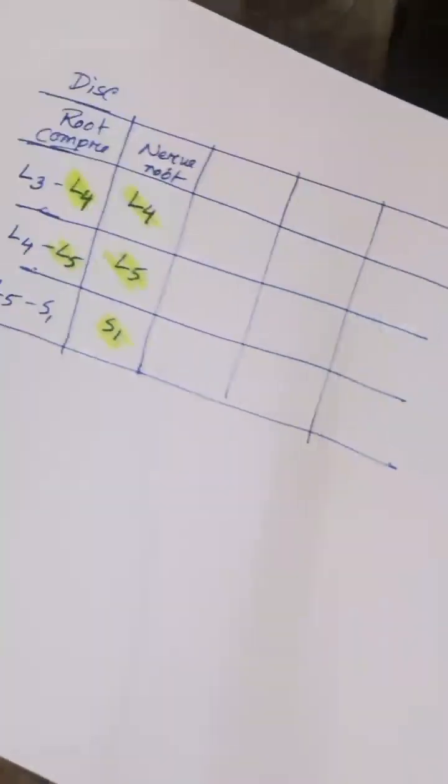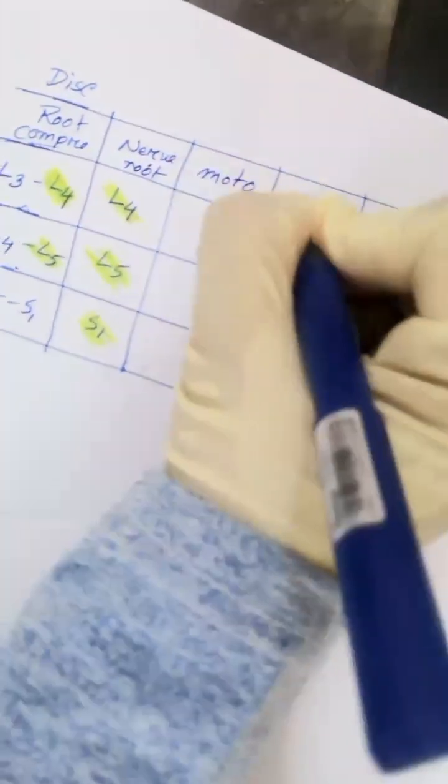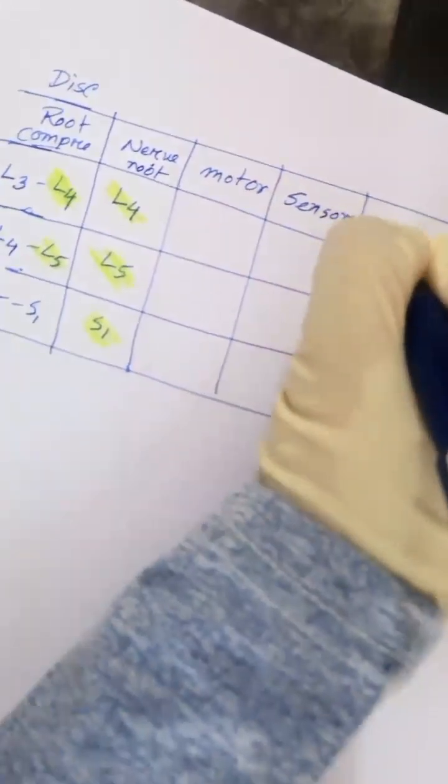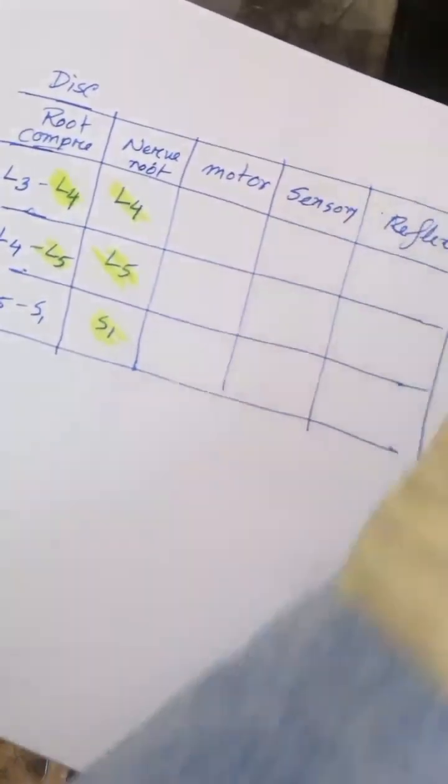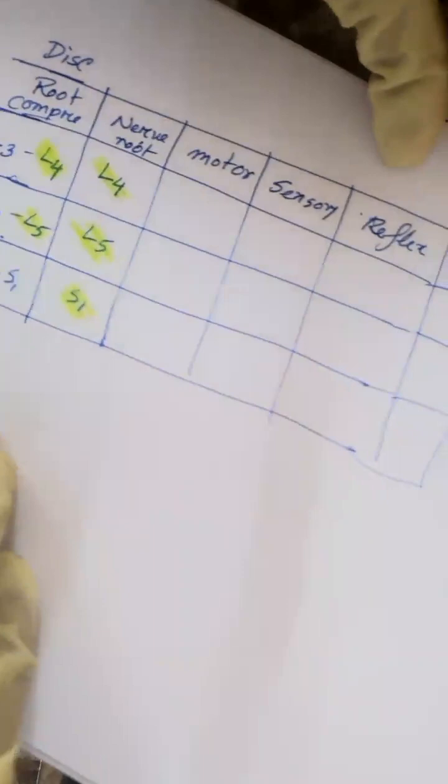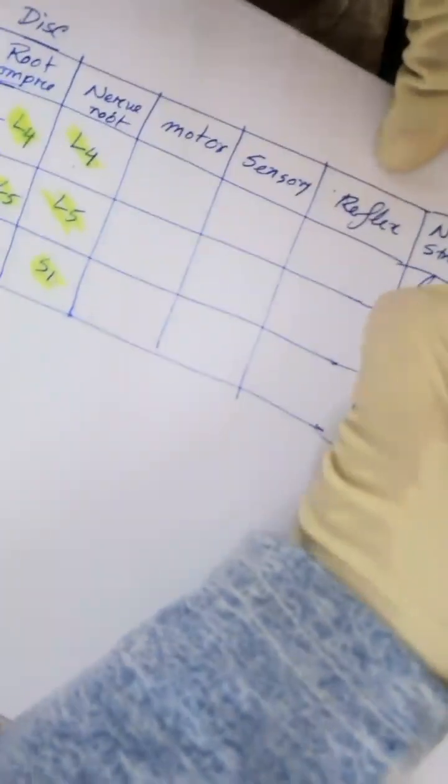Now, with any nerve, what do we want to learn? Motor. Then we want to know about the sensory, and the reflex, whether it is there or not, and if there is a nerve stress test. Okay. Now I will do the nerve stress test first. L4, femoral nerve stress test, it is positive.